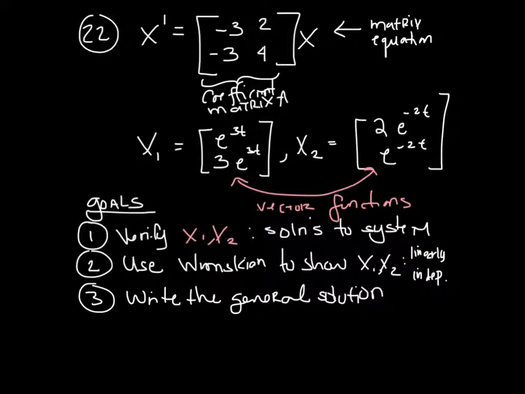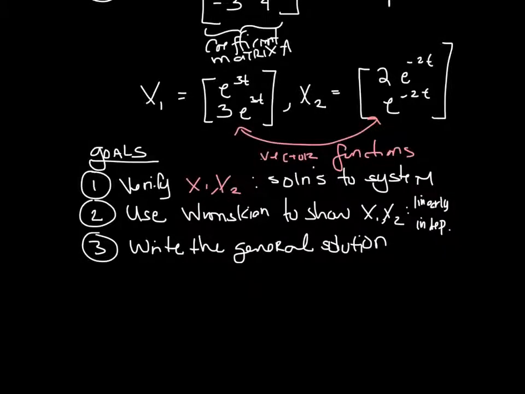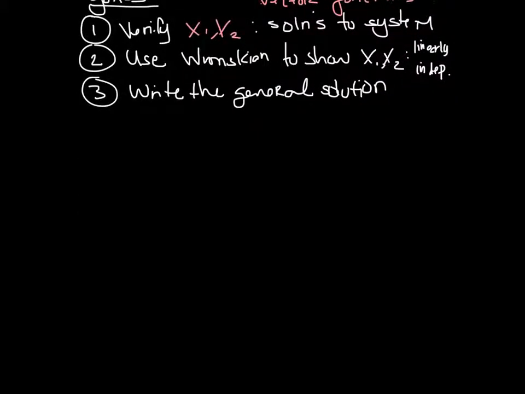Number 2, we're going to use the Wronskian to show that our vector functions are linearly independent, where the Wronskian is really just finding the determinant of our matrix. And finally, we want to find the general solution to this matrix differential equation. Okay, so let's start with number 1.